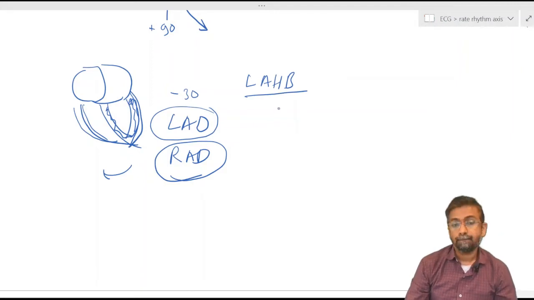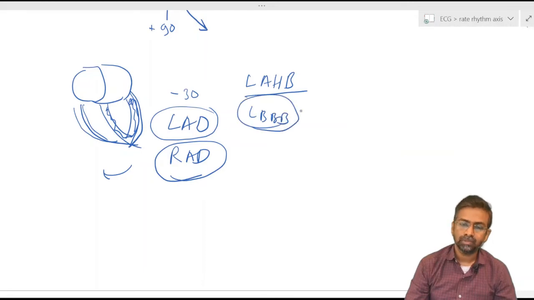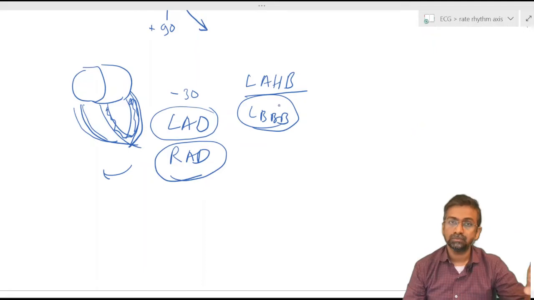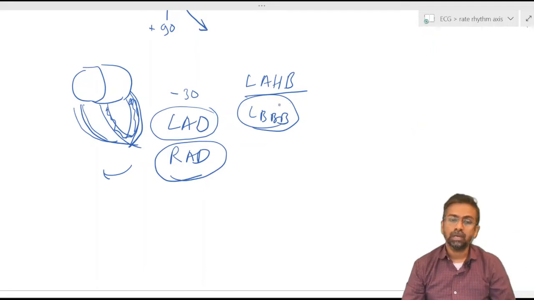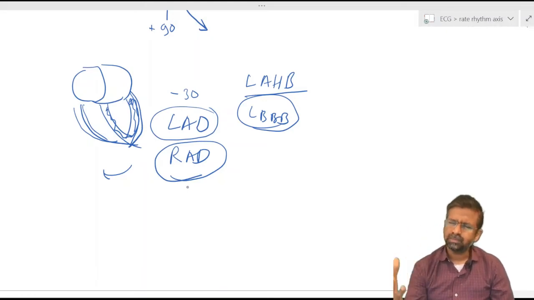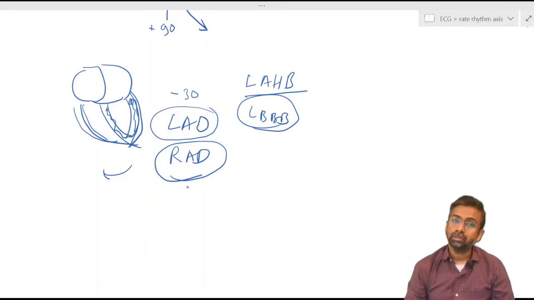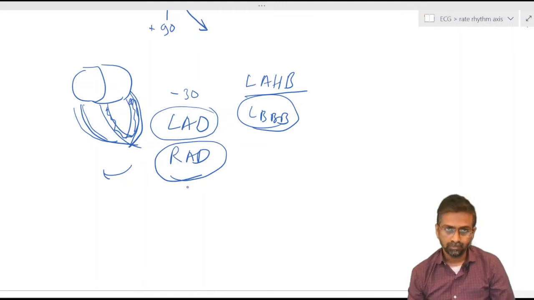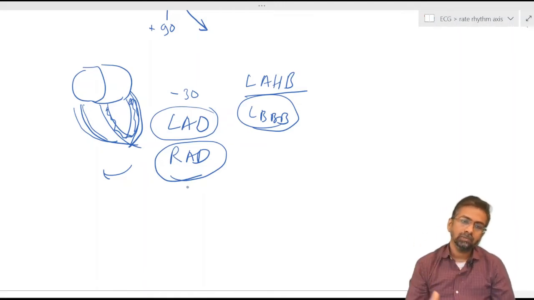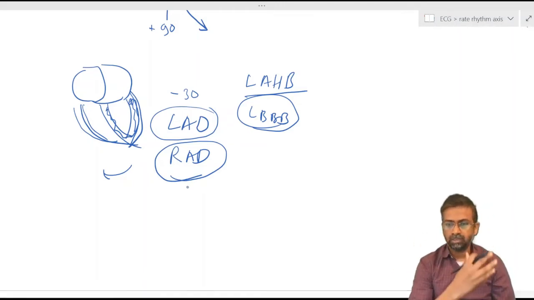Or in left bundle branch block you will get left axis deviation. So look at the left axis and think if there are any such blocks, or any left ventricular hypertrophy. If there is a right axis deviation, you have to think whether the patient has a right ventricular hypertrophy or a left posterior hemiblock. In that condition, the axis will be deviated toward the right.